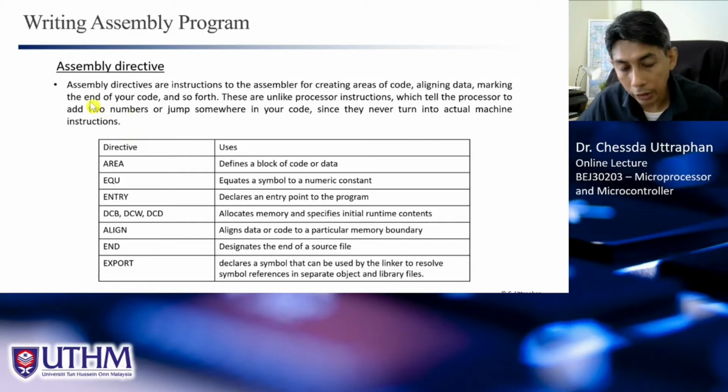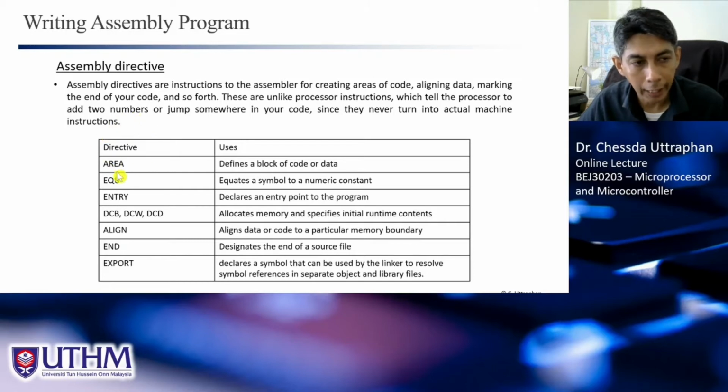So the first thing that you need to know when you want to write the assembly program for the microprocessor is what we call the assembly directive, right? This assembly directive is not the instruction set. It is an assembly command that is used to control or give commands to the compiler, or what we call the assembler. Assembler and compiler are the same.